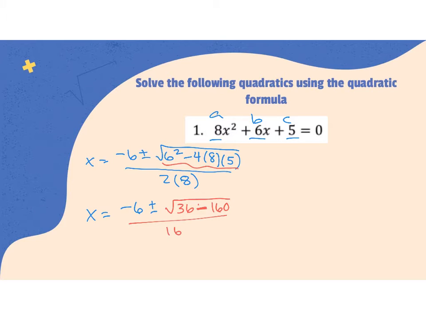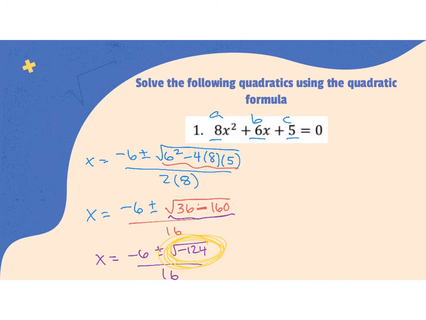Now let's do that subtraction. 36 minus 160 is negative 124. So I have the opposite of B plus or minus the square root of negative 124, all divided by that 16 in the bottom. Here it is: the square root of negative 124.